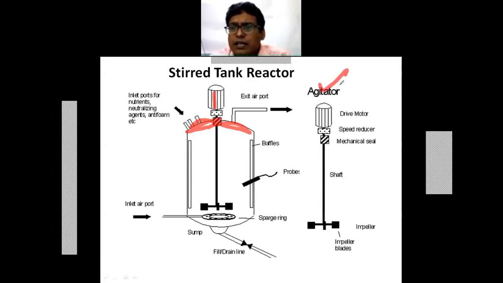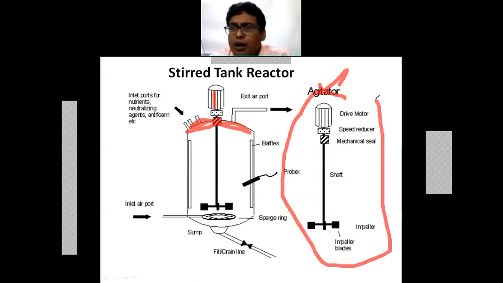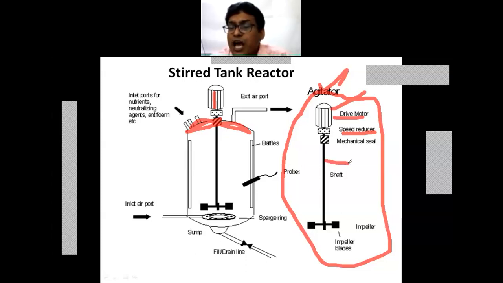You can see here the complete assembly of an agitator, which incorporates a drive motor and the speed reduction box, because the motor has a fixed RPM, and the RPM of the shaft required may not match the motor RPM.